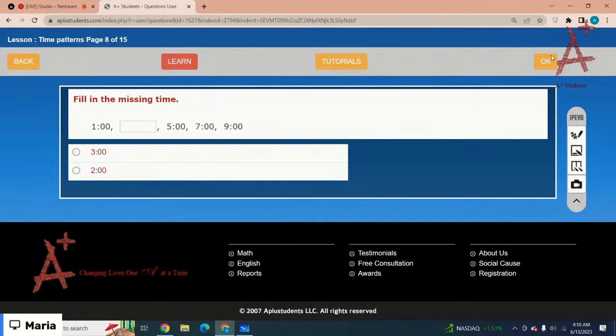Okay, which is the correct option? 1, the missing one, 5, 7, 9. Which is the correct option?